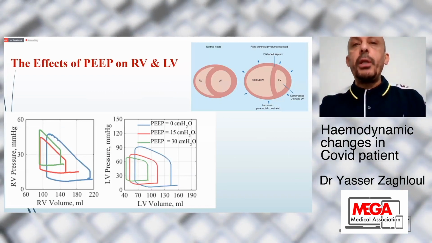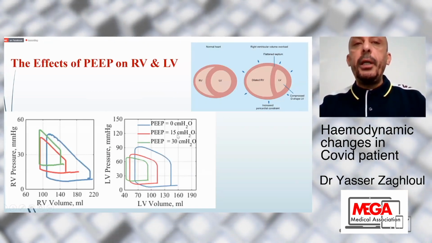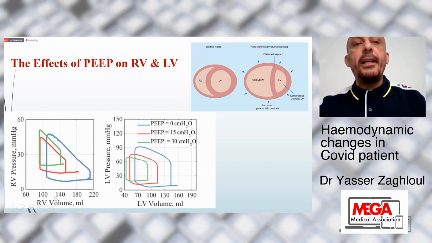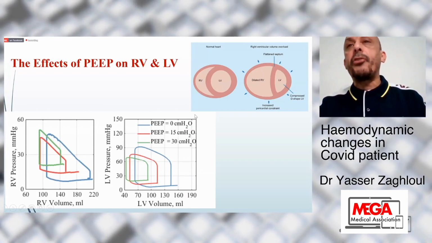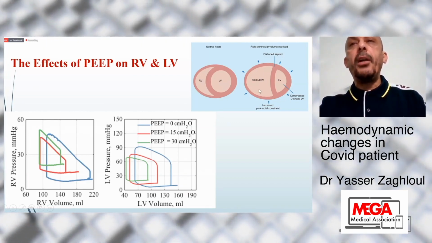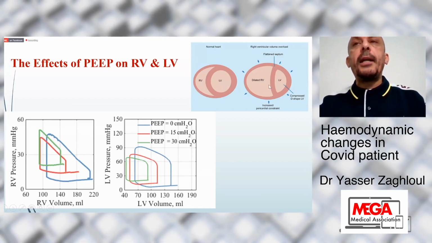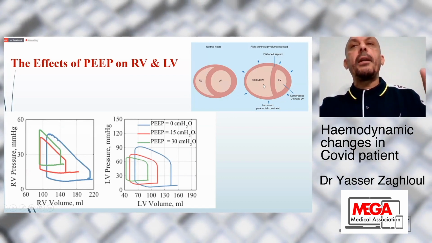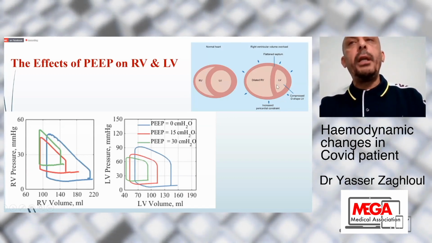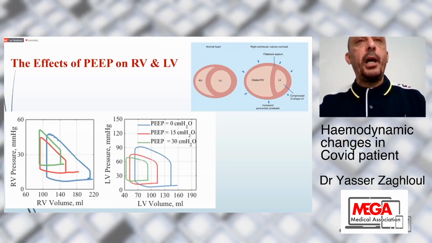For example, in a COVID patient, you may need high PEEP. High PEEP, like 15, reduces both left ventricular volume and pressure and increases the right ventricular volume and pressure. And you can see what is named a D-shaped right ventricle with displacement of the septum to the left side. And in some situations, the right ventricular pressure may be equal to or even exceed the left ventricle's in patients with severe pulmonary hypertension.